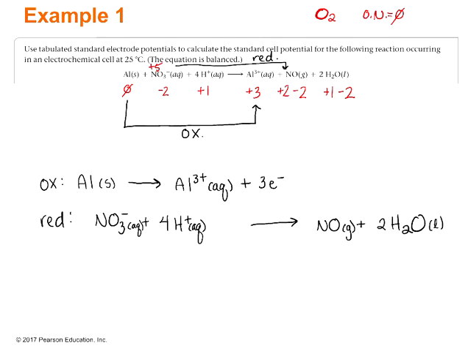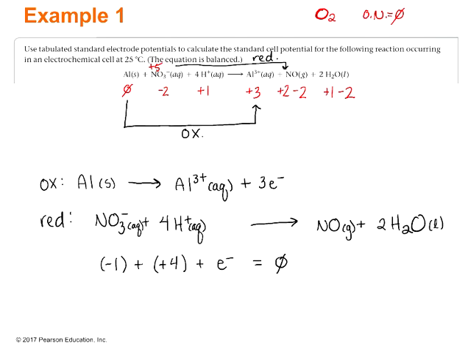All right, so now let's figure out how many electrons are gained during this process. All right, so we have a -1 charge from nitrate, and then we have 4 positive charges from those 4 hydrogen ions, and then we have some amount of electrons, and then on the right-hand side we have 2 neutral molecules, so everything should add up to 0 on the left-hand side.